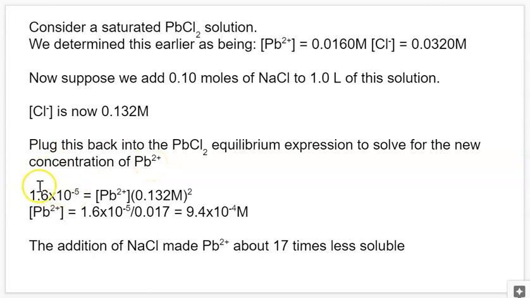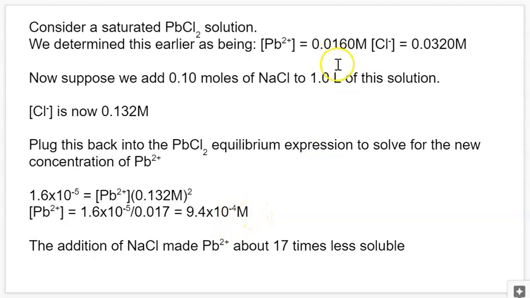So we have our Ksp value, 1.6 times 10 to the negative 5, is equal to the lead ion concentration times the new chloride concentration, which is 0.132 molar, squared. And then if I do the math, I can solve for the lead 2 plus ion concentration, which is now 9.4 times 10 to the negative 4 molar.